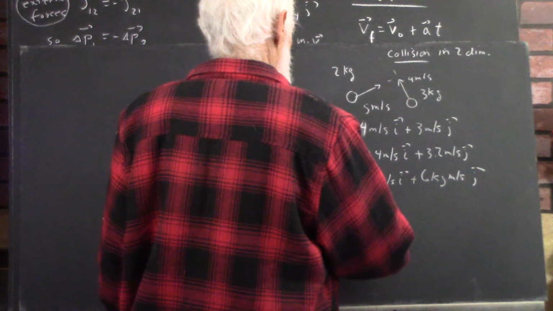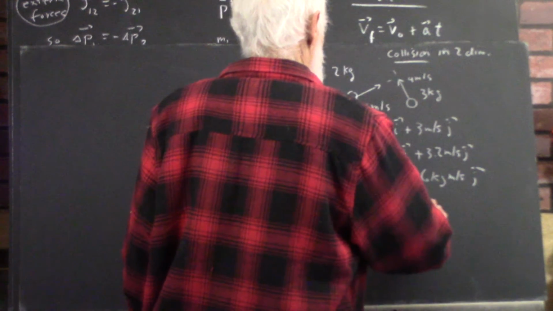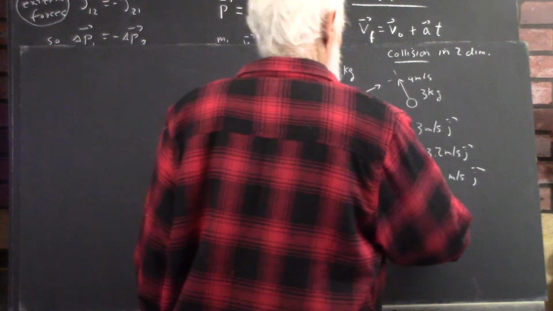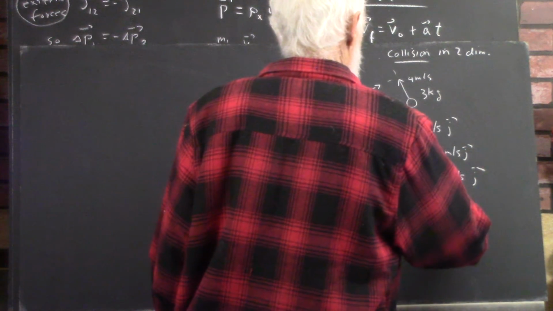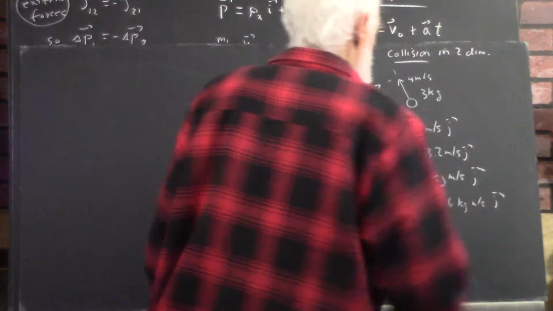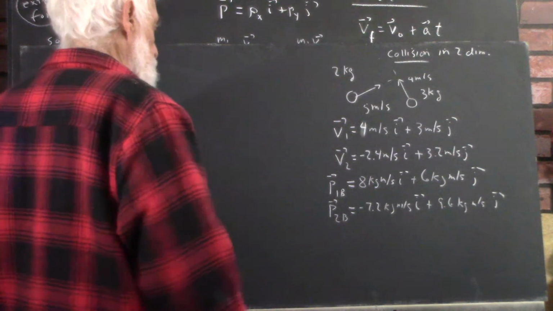And that's going to give us negative 7.2 kilogram meters per second times I, plus 9.6 kilogram meters per second times J.